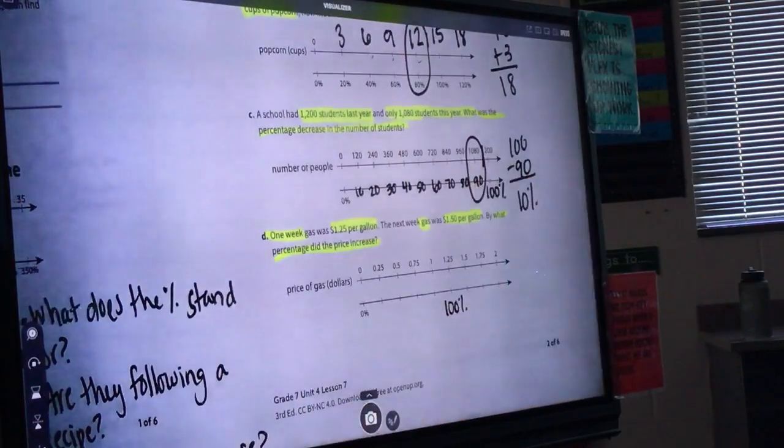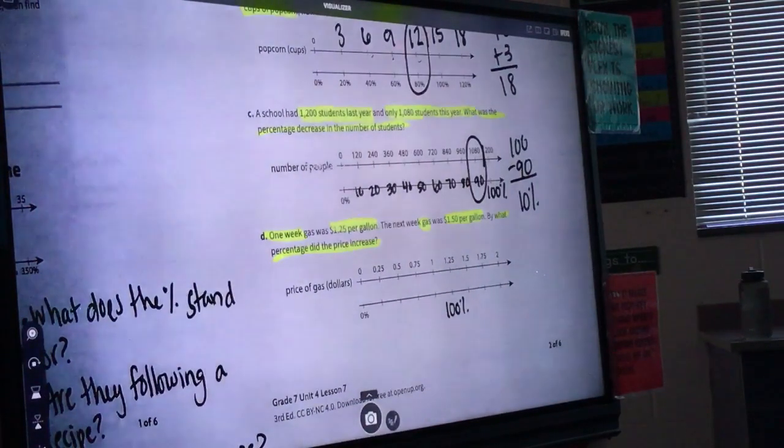Why is that our 100%, guys? Why are we starting at $1.25 and not $1? Why do you guys think? Sophia? Because $1.25 was the total price per each gallon. $1 wasn't the total price. Yes, but how do we know $1.25 is our 100%?